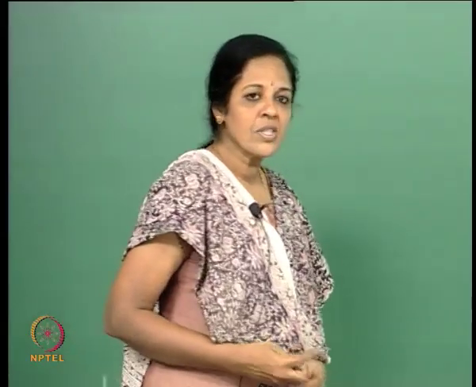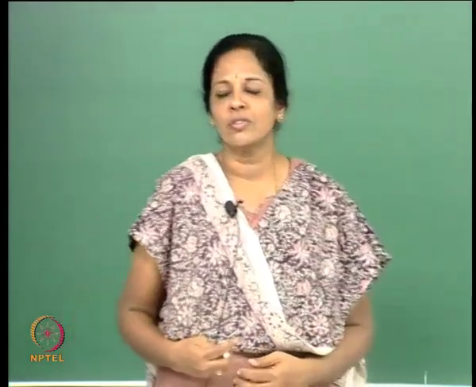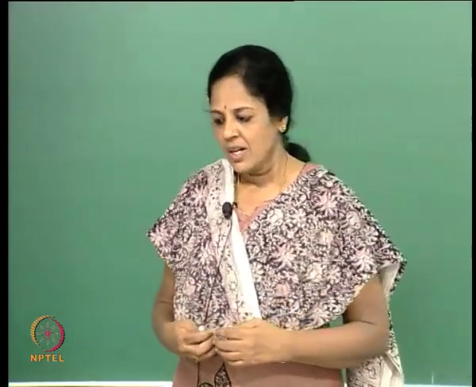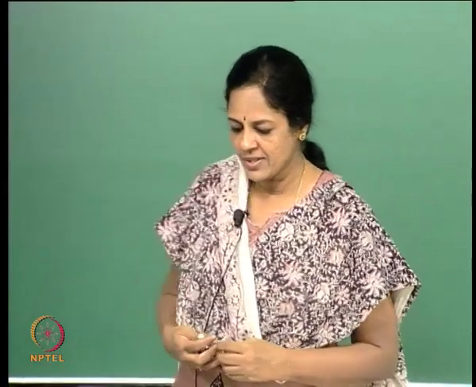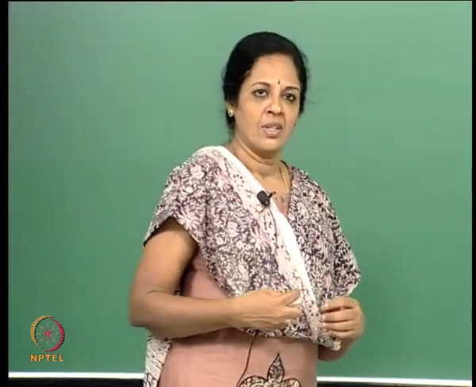Last class we were discussing addition of angular momenta, and we had worked out certain examples where J1 is half and J2 is half, also J1 is 1 and J2 is half.